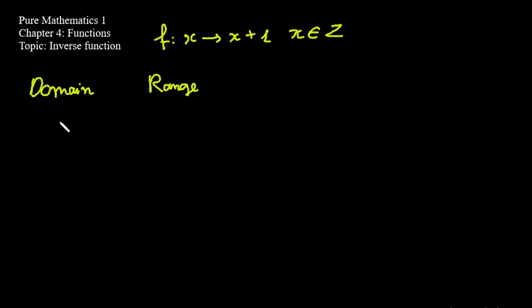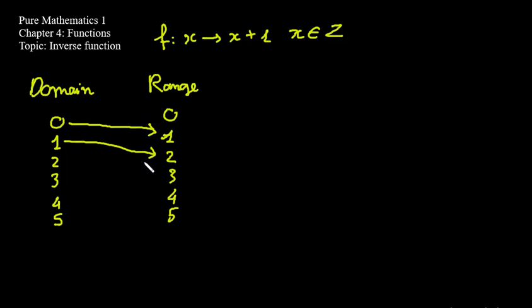So if I have here 0, 1, 2, 3, 4, and 5, and 1, 2, 3, 4, and 5, because my domain runs from 1, my x equal to 1, so my range, my image, runs from here, 1 to 2, 3, and 3 to 4. But here's x, and here's x plus 1.